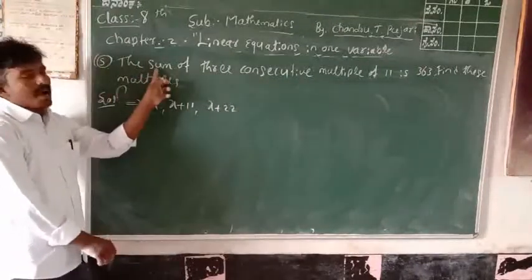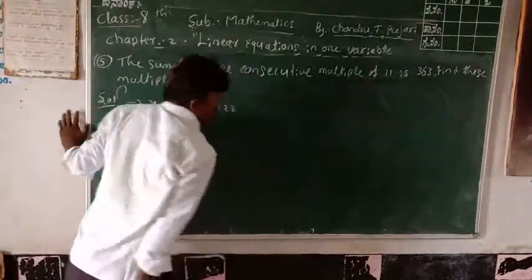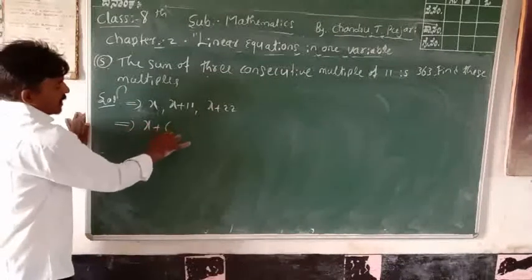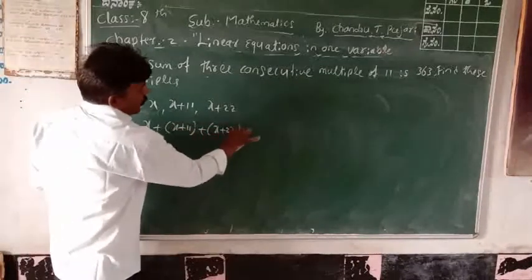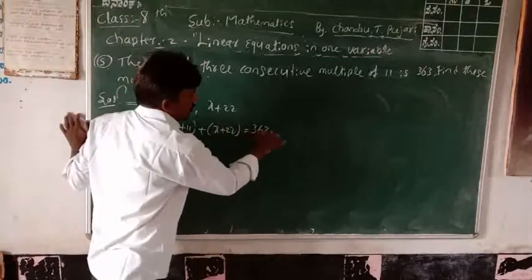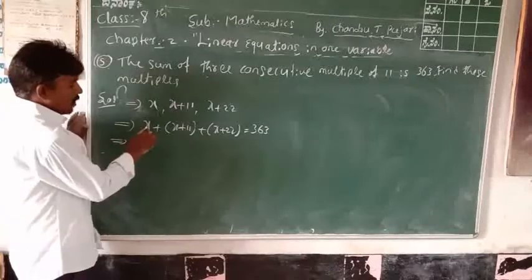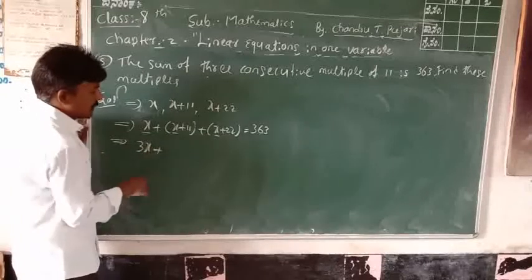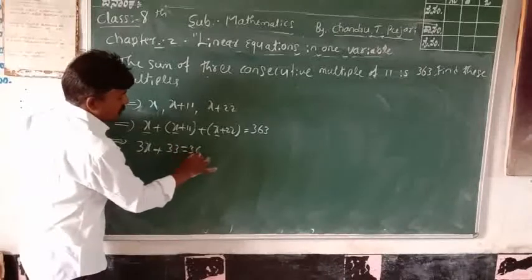Therefore, the sum of these: the statement is the sum of 3 consecutive multiples of 11 is equal to x plus (x plus 11) plus (x plus 22), and these 3 sum to 363. The simplification: 3 times x, that is 3x, plus 11 plus 22 is 33, is equal to 363.